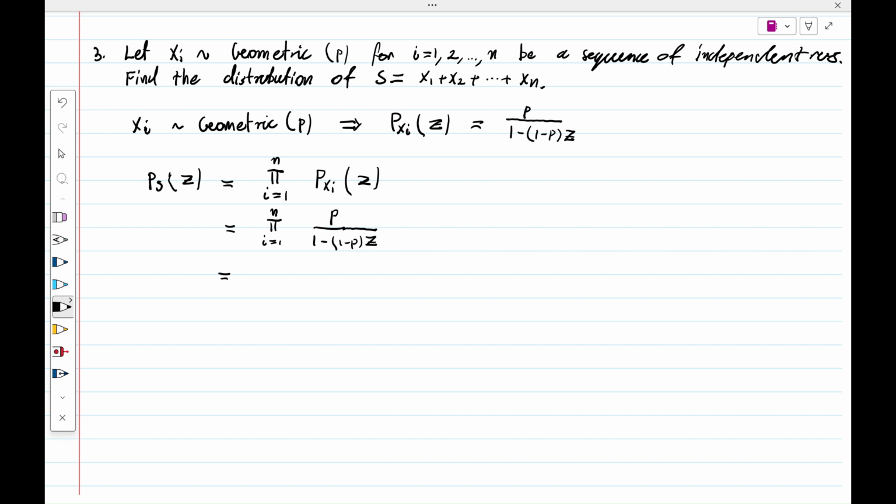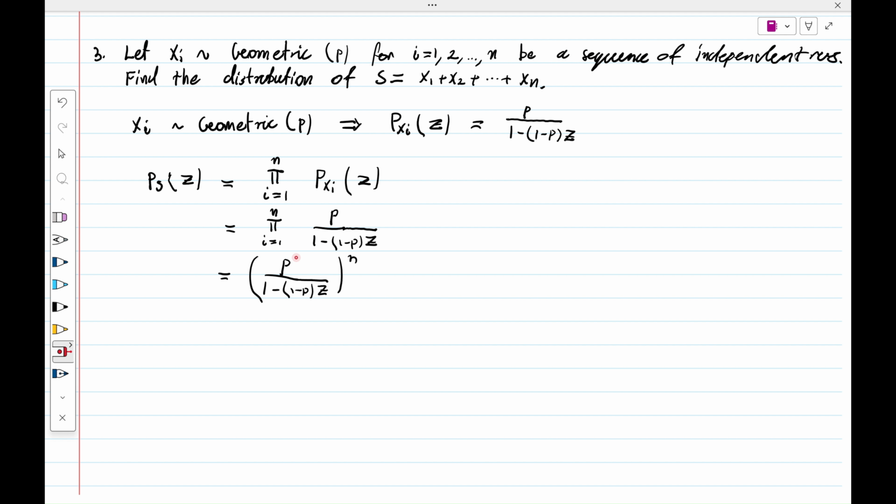Further to this, there is no mention of the index i in this particular probability generating function. And because of that, when you take a product of the same term n times, it is the equivalent of taking that term p on 1 minus (1 minus p) z to the power of n.